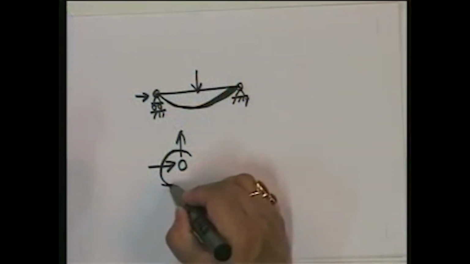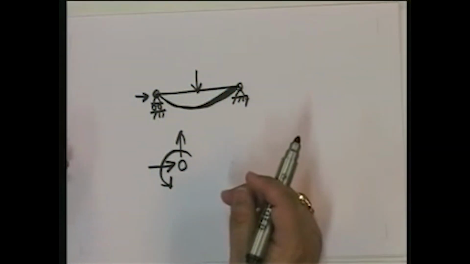What does that do? That degree of freedom actually defines the movement of the members relative to each other. And what is that? That degree of freedom is the rotation degree of freedom.